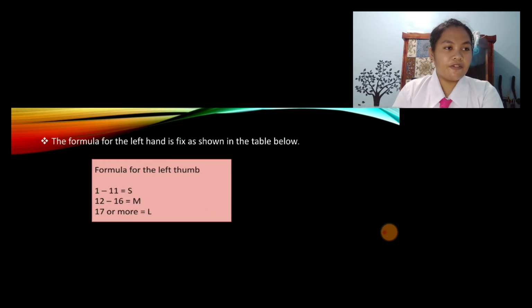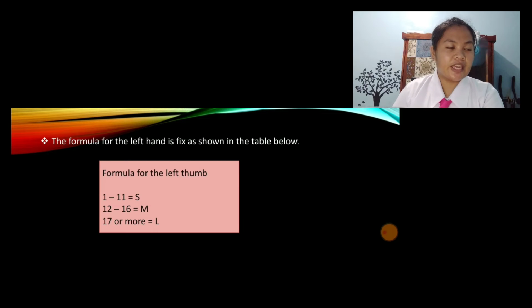The formula of the left hand is fixed, as shown in the table below. So it is the formula for the left thumb.